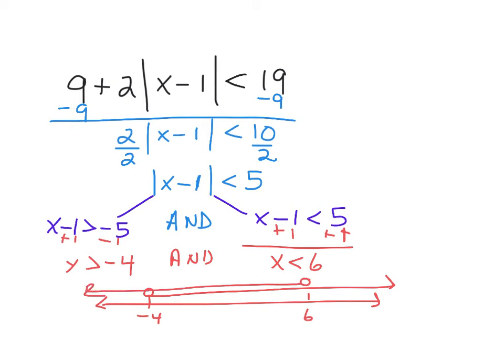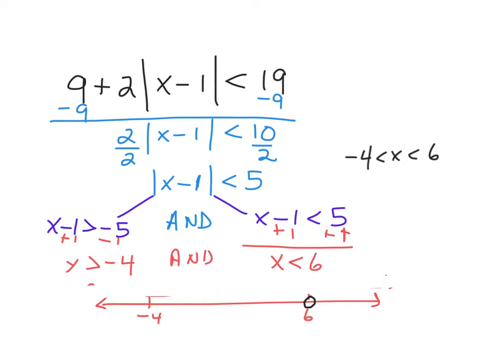The overlap is what I'm looking for here. So from here to here, I'm going to write the inequality: negative 4 is less than x, which is less than 6. And my final solution set, again, you want to make sure that's clear to me. I can erase this and make my final solution set clear from here to here, open circle to open circle.